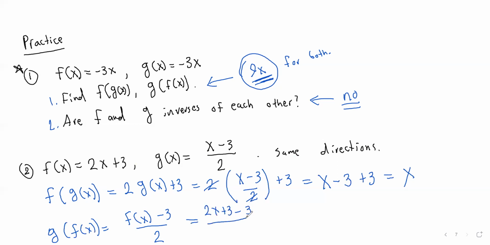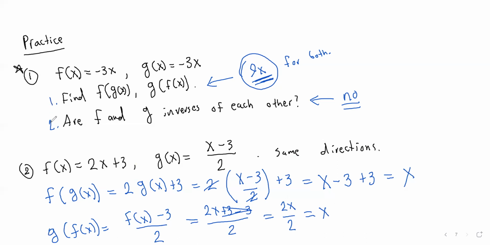So we have this. The 3 and the minus 3 cancel to 0. So we just have 2x over 2. And 2 over 2 is 1, so 2x over 2 is just x. So we have g of f of x is x.